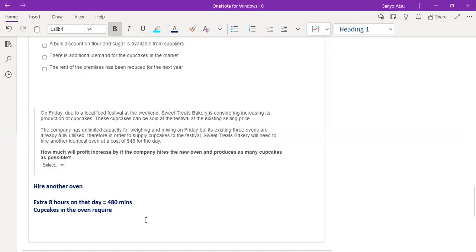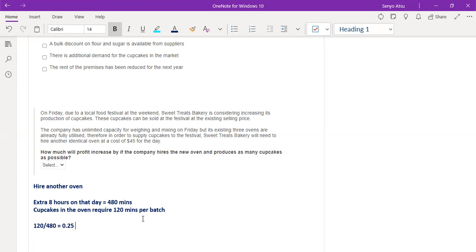So friends, 120 minutes per batch. So if you give me an extra oven, 120 minutes per batch divided by 480 minutes available, I can make, does that make sense?